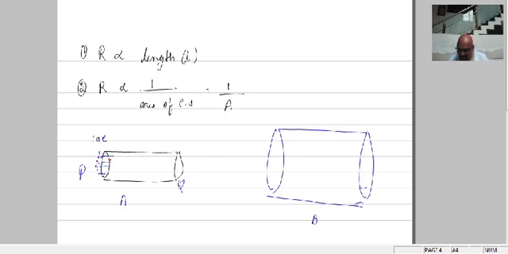Just imagine it as a road: if 10 bikes have to travel on a narrow road, it is difficult. One bike may collide with the other because of lesser area.